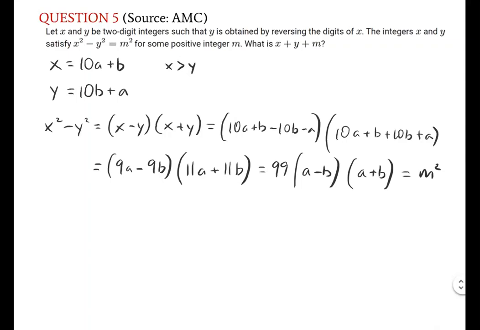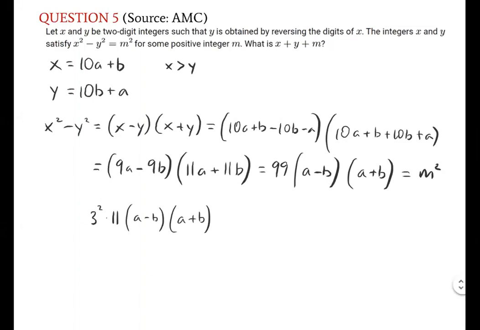So the prime factorization of 99 is 3 squared times 11. And if we want this to be a perfect square, then that means the prime factorization of this entire number has to have even exponents.